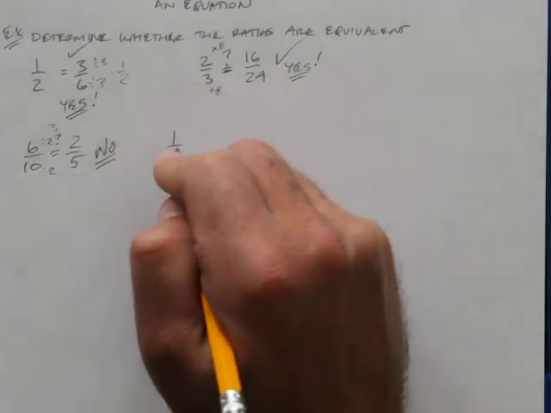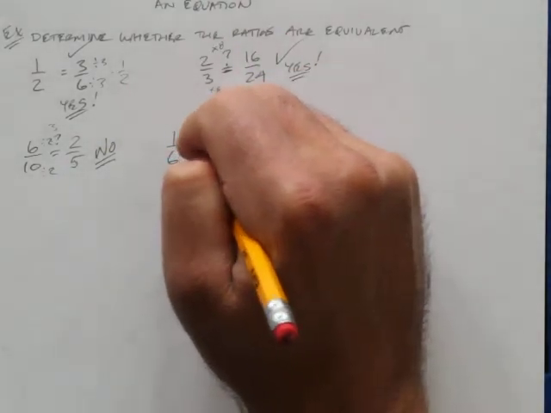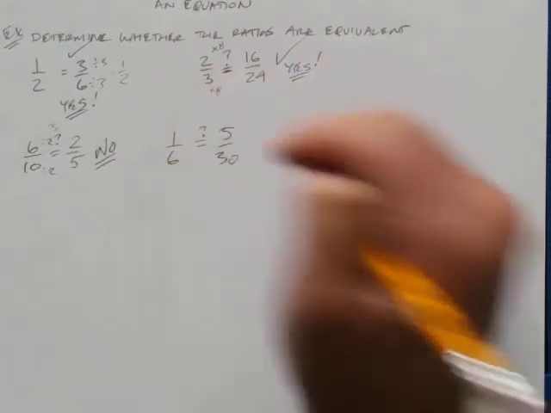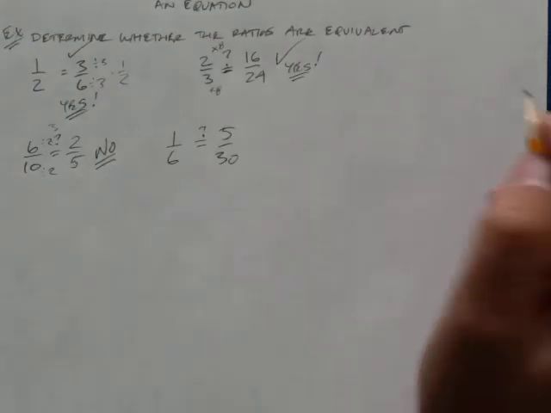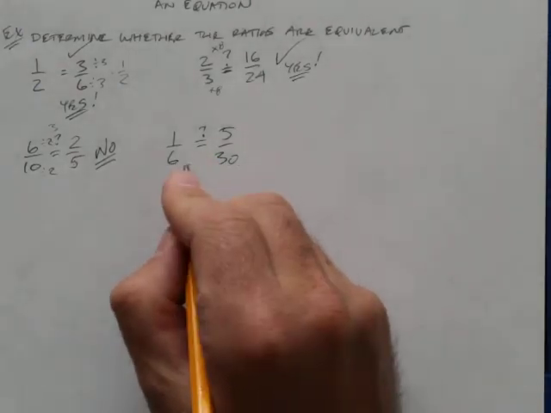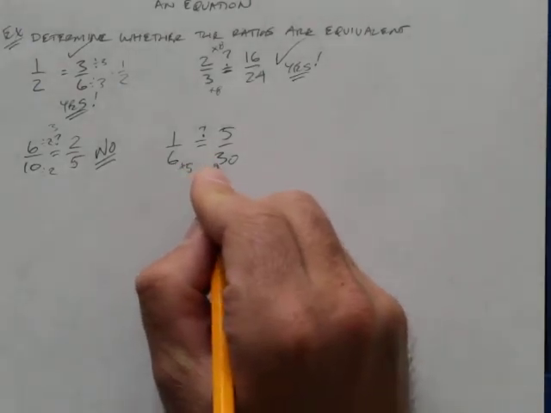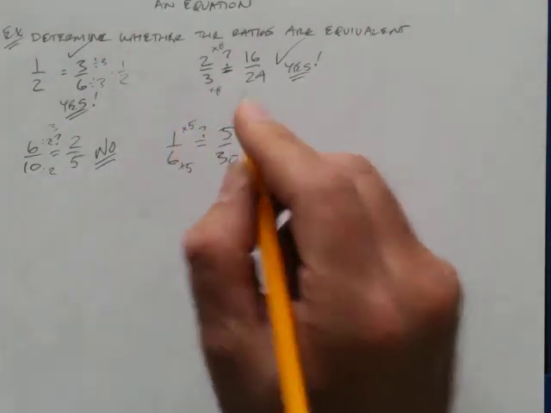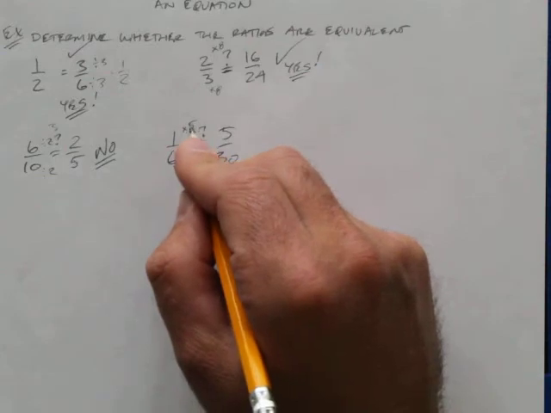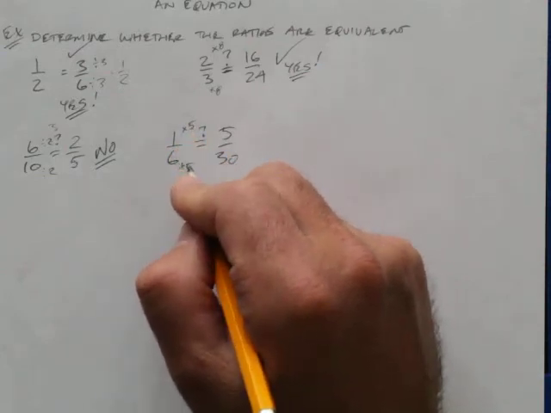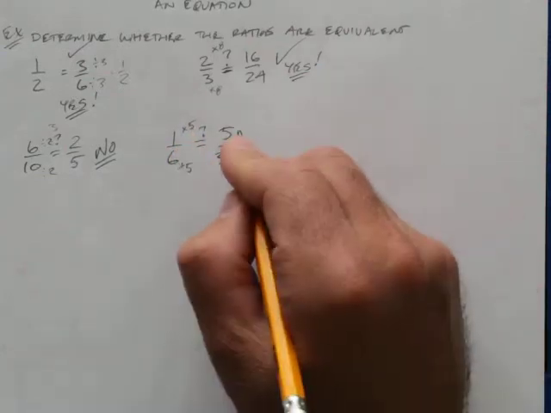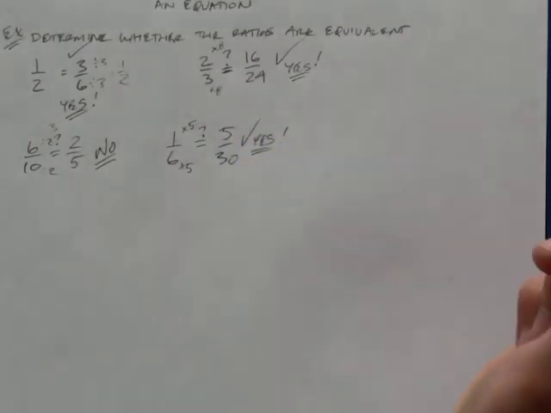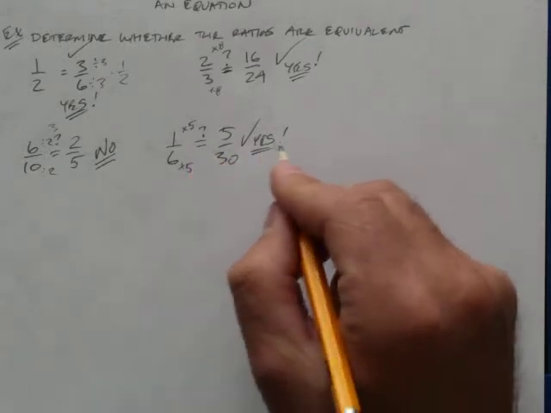Let's try this one. 1/6 equals 5/30. 6 times 5 is 30, and 1 times 5 is 5, so 5/30. Yes, these ratios are equivalent.